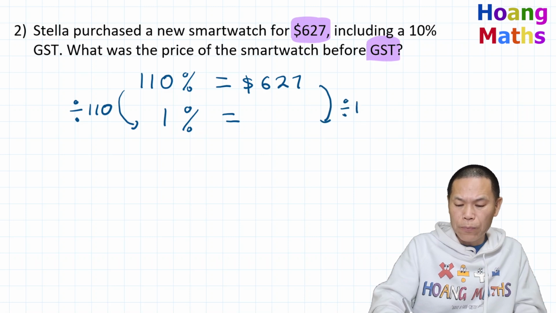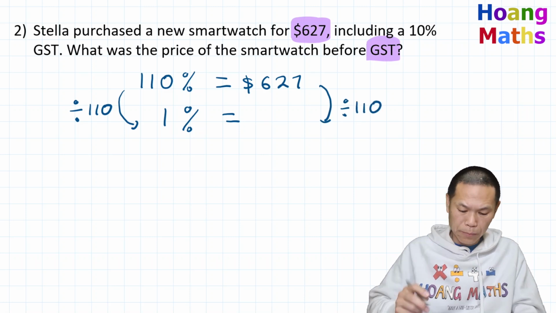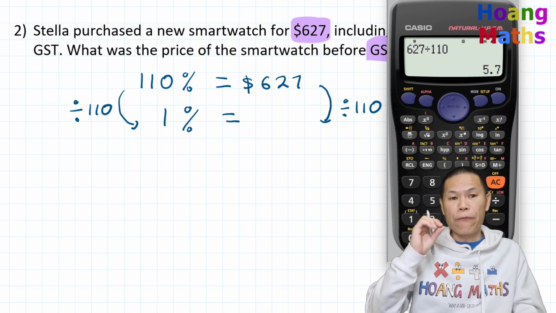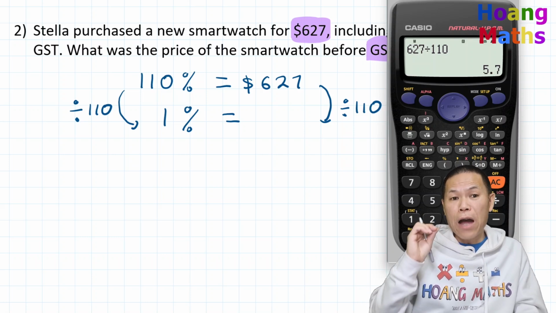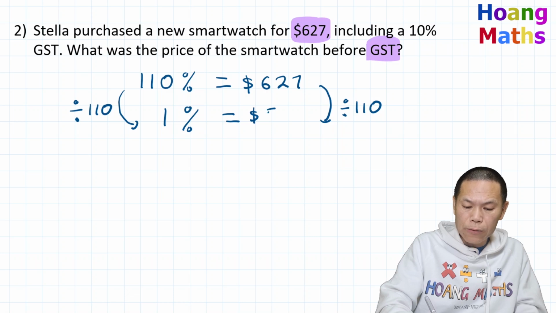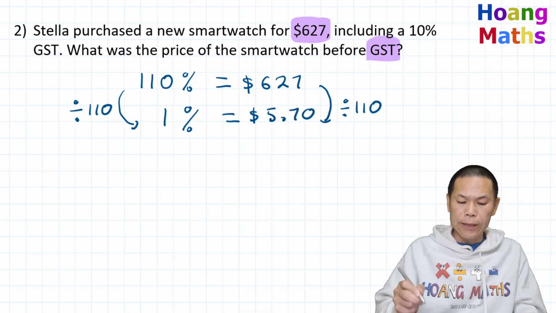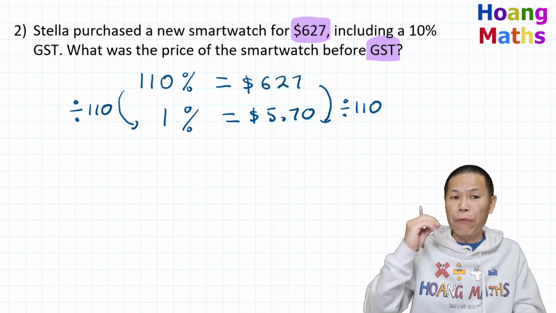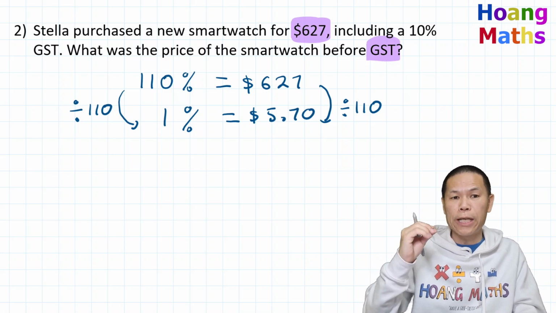So I just go 627 divided by 110. So there you go, 5.7, that is $5.70. So now we need to work out the original price, that is the price before tax, before GST.